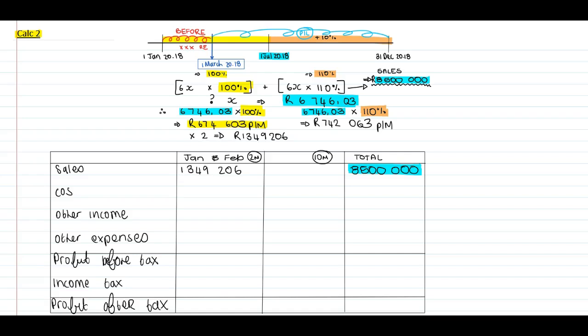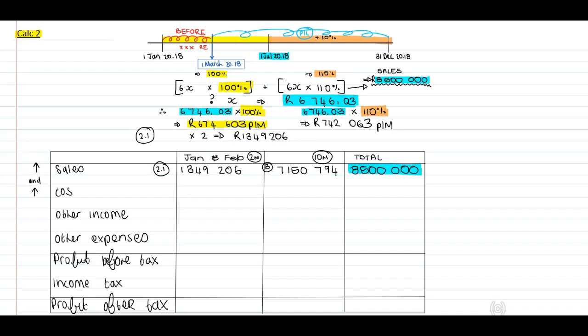I'm going to reference this calculation 2.1 for my marker to be able to follow. And then for the 10 months period, I'm going to make use of a balancing figure, and this will be 7,150,794.